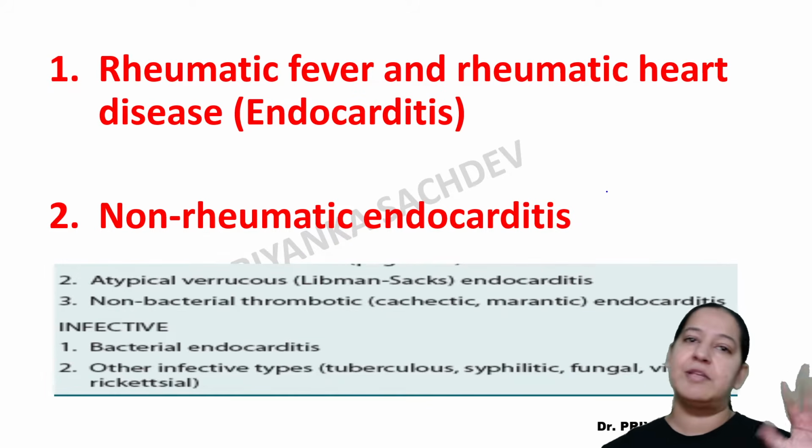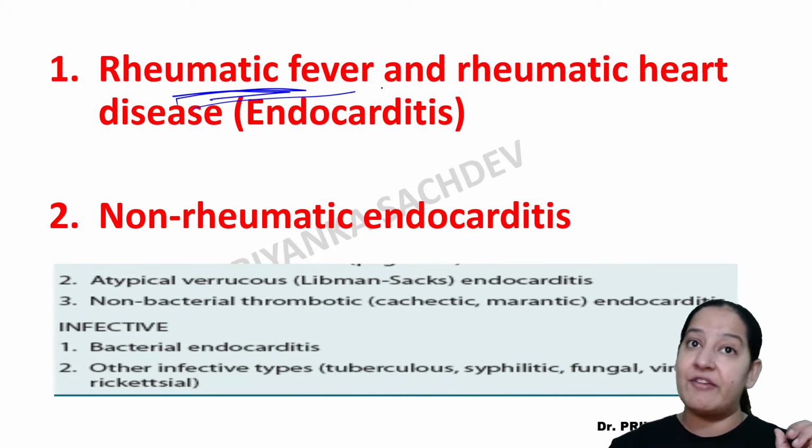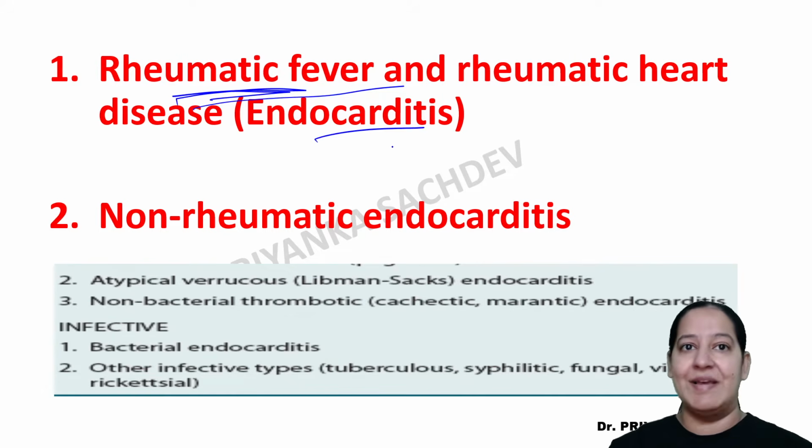Now these are the types of endocarditis. The most important type, which I am going to discuss in detail today, is rheumatic endocarditis. So here I will discuss rheumatic fever and rheumatic endocarditis basically. And there are three other endocarditis which are known as non-rheumatic endocarditis.